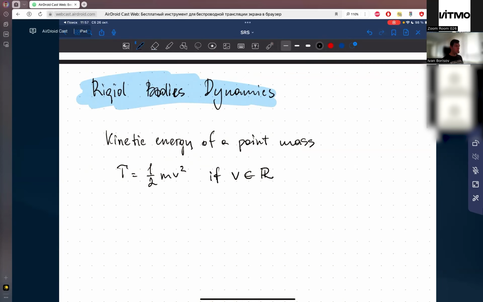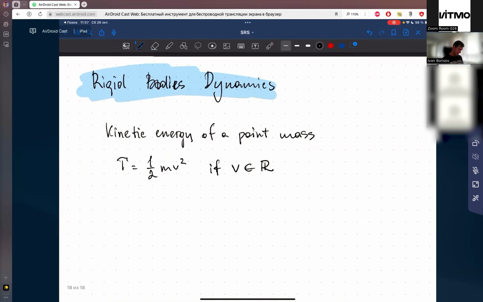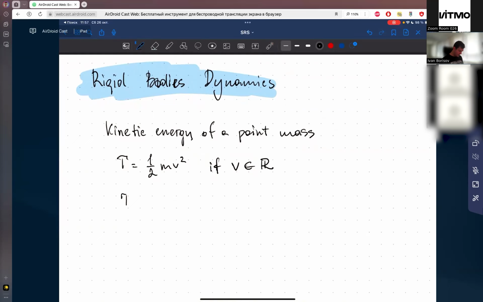So if your v is not a scalar, if it's a vector, in this case, it will be different. So you need to take a transpose of your vector and multiply it by the vector. So this will be kinetic energy if v is a column.